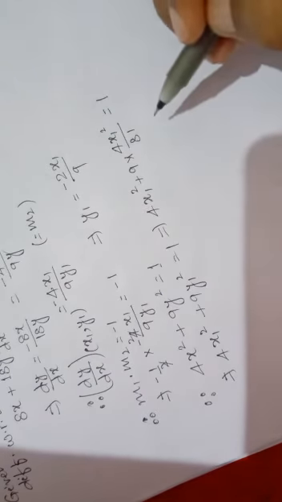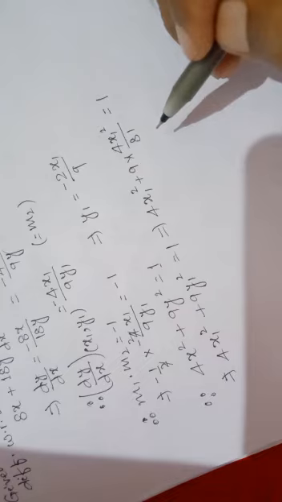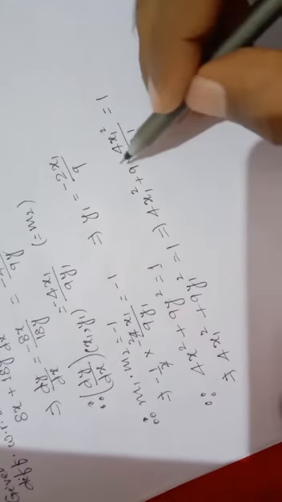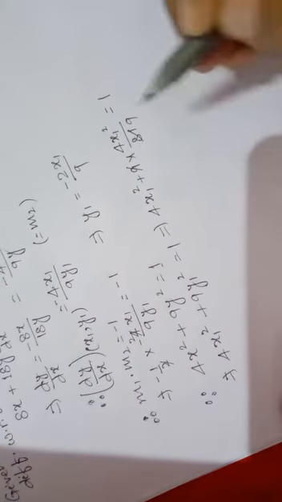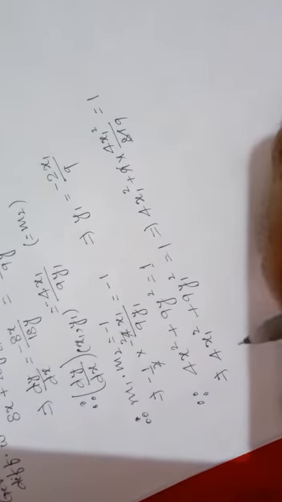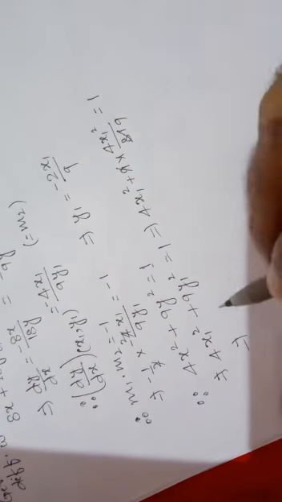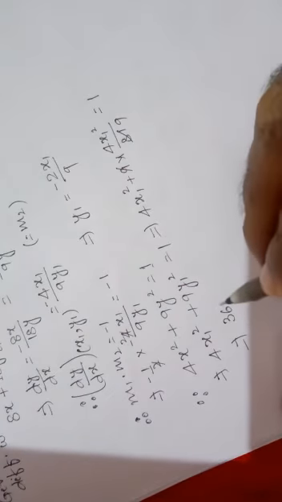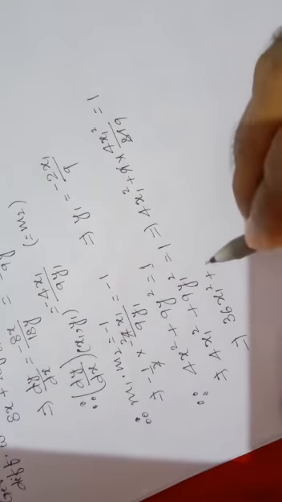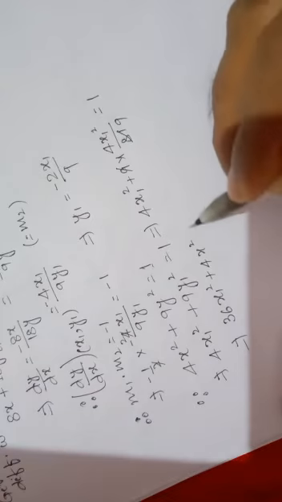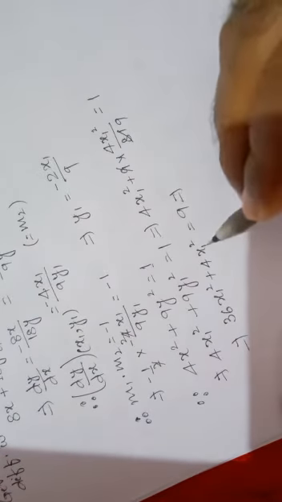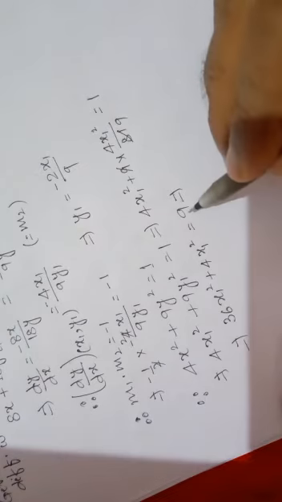Simplify and calculate the value of x1 square. Take out the LCM, it is 9. So 36x1 square plus 4x1 square, and the LCM into the right side becomes 9. 40x1 square is equal to 9.